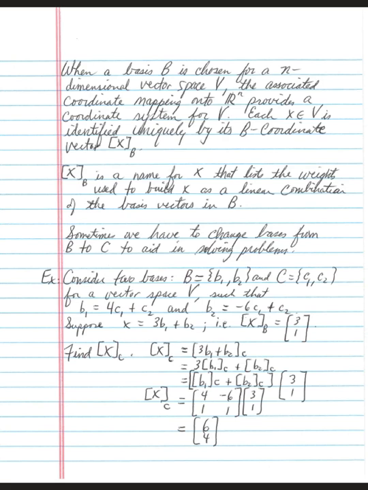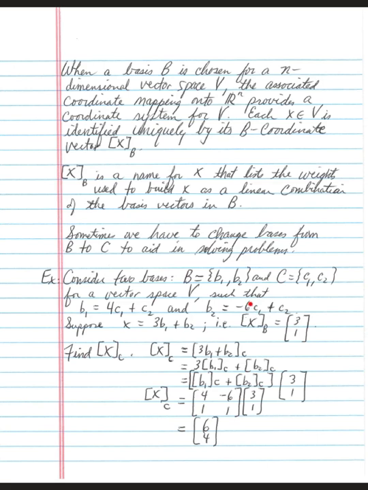And what that does is that leaves B sub 1 and B sub 2. For us, B sub 1 is 4C1 plus 1C2, so those coefficients are 4 and 1. And again, that's from B1, you have 4 and 1 as coefficients.